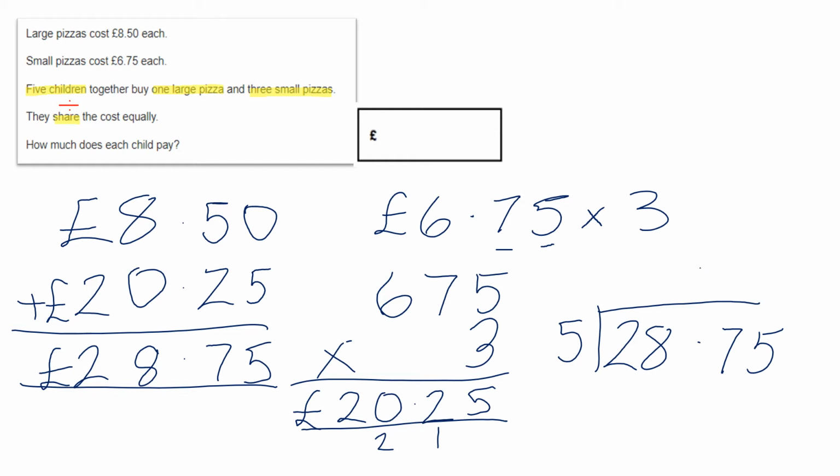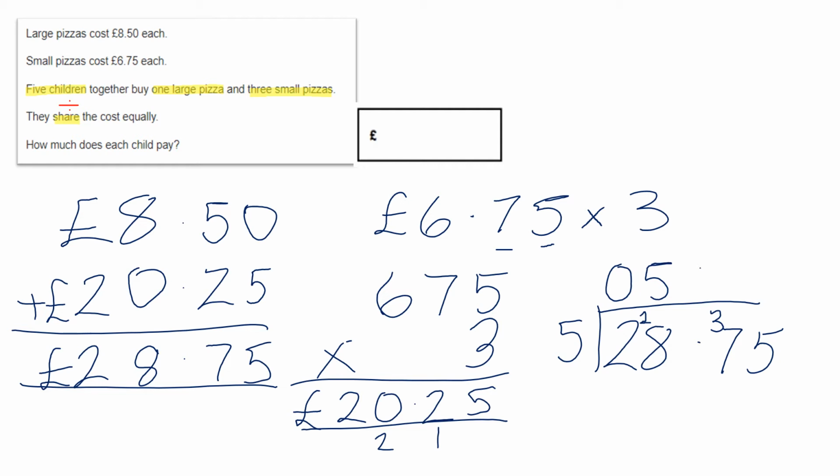Brilliant. How many times does 5 go into 2? That is 0, and we carry the 2. How many times does 5 go into 28? That would be 5, with a remainder of 3, because 26, 27, 28. How many times does 5 go into 37?